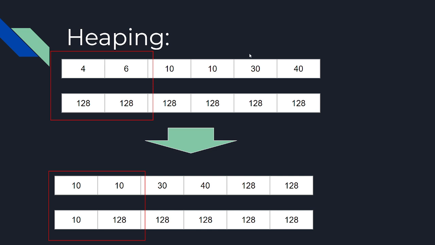So, we work with two lists. The empty slots will be filled with 128 to ensure they won't interfere with the circuit.